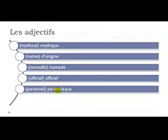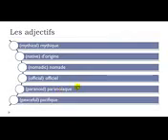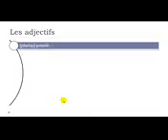Paranoïaque. Pacifique, Q-U-E-C, ic, pacifique. Potelé, okay, here you don't really pronounce this E, potelé.